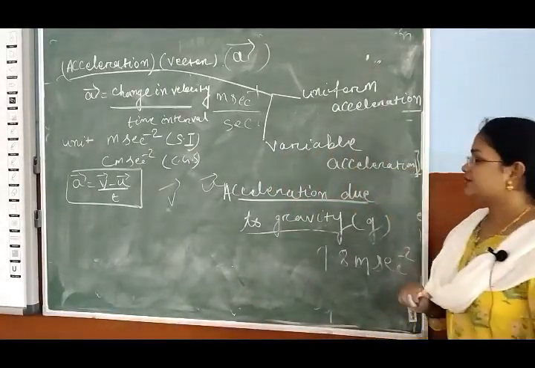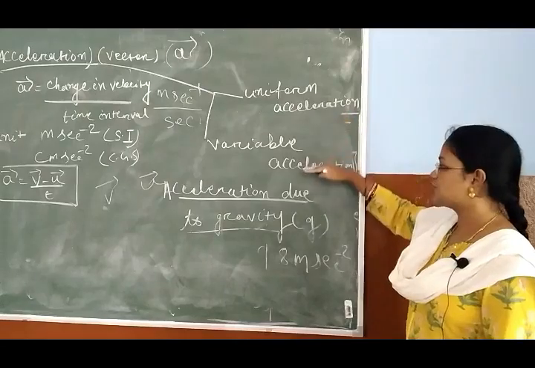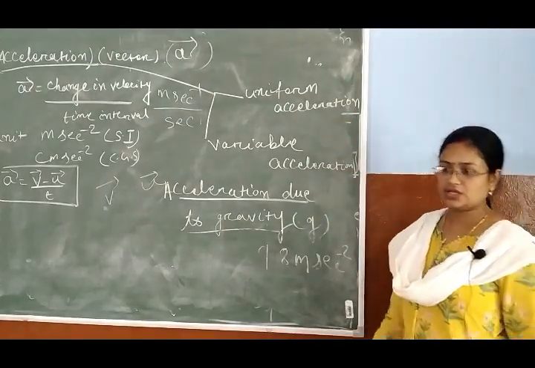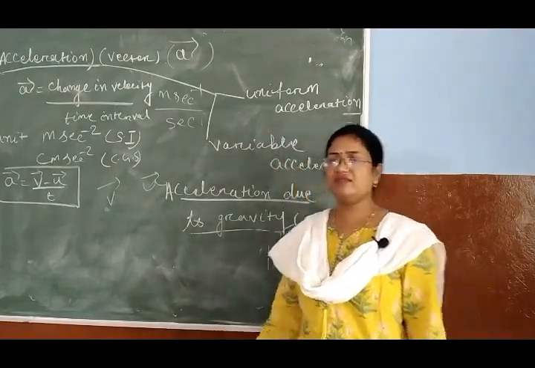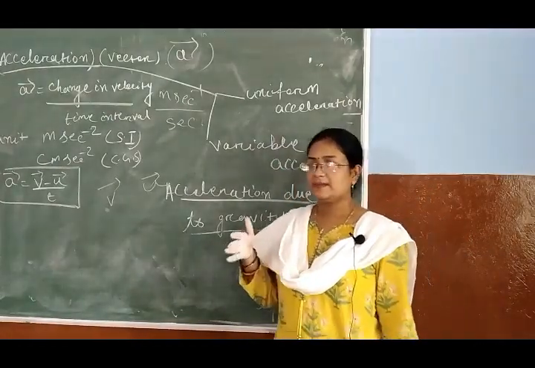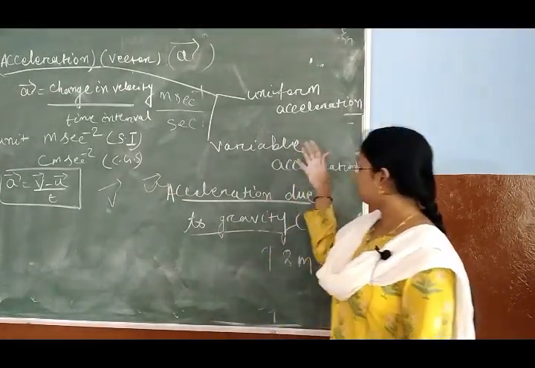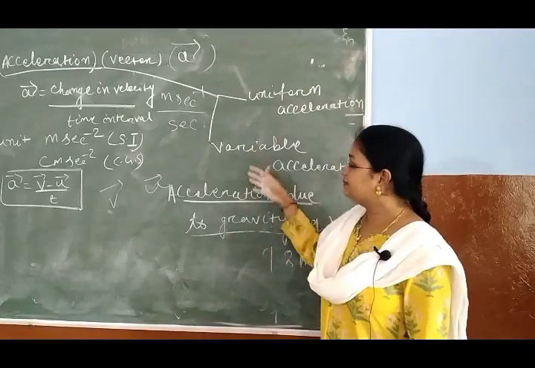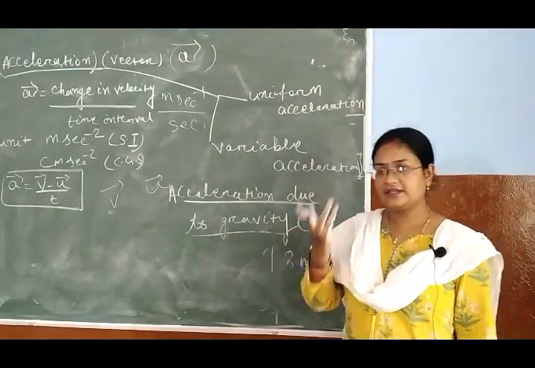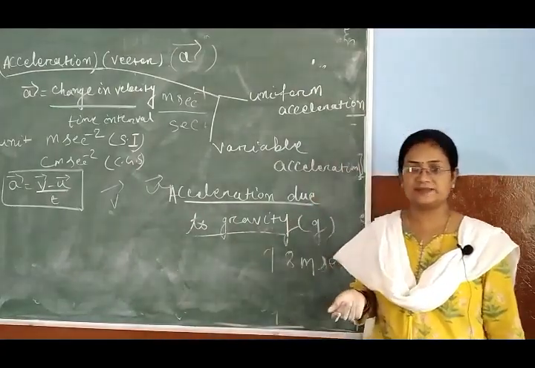Okay, after that you see the acceleration is also of two types: the uniform acceleration and the variable acceleration. What is uniform acceleration? If the velocity changes continuously with time equally, that is your uniform acceleration. And the variable one: you have already read non-uniform velocity, non-uniform speed.